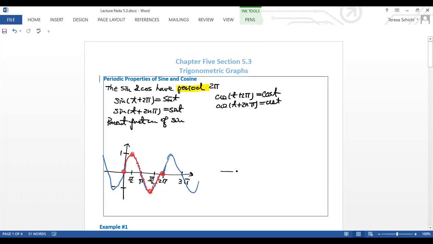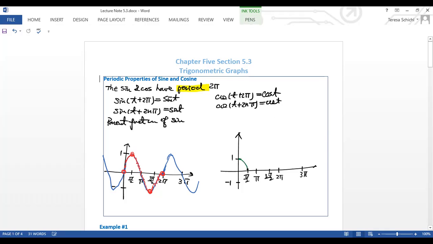For the cosine, this is pi, 2 pi, 3 pi, and this is 1 and this is -1. This is pi over 2 and 3 pi over 2. The cosine function looks something like this.